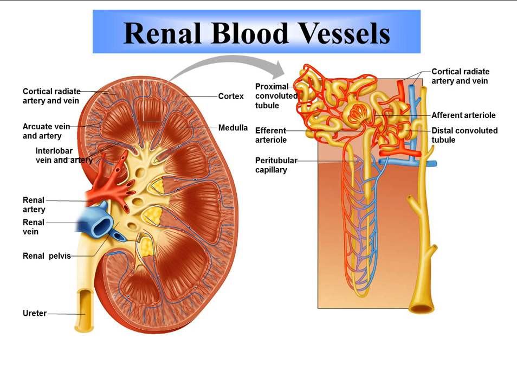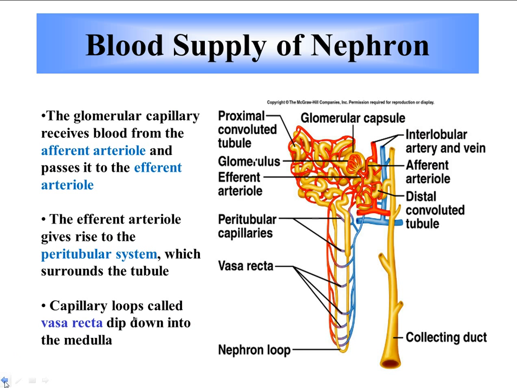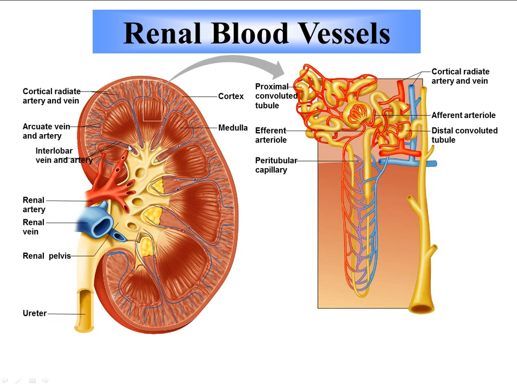So the renal artery, here, let me go back. The renal artery branches off into the interlobar arteries. So you can see they'll branch and branch into the interlobar arteries. And those interlobar arteries will branch even more, but it's still a fairly large vessel.